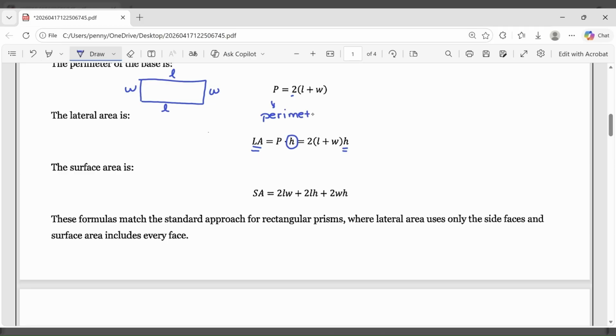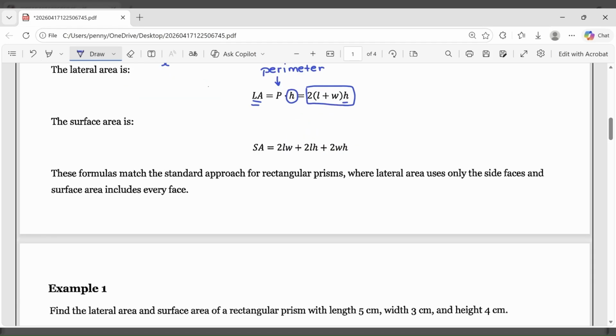Write that down. And then times height. The formula for finding perimeter is 2 times L plus W. So once we know the perimeter, we can do times height, or we can do this all in one step: 2 times the quantity L plus W, times H, height.